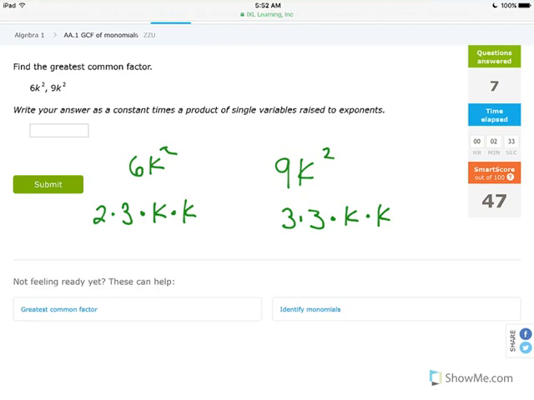So what do they have in common? They have a 3 in common, and they have 2 k's in common. So k times k, which is k squared. And that should be it for the greatest common factor on that one.